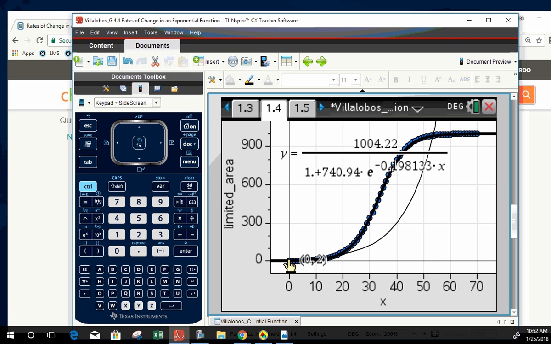That should be 0, 2. So what does 0, 2 mean, the y-intercept? Well, if again this is 0, e to the 0 is 1, times this is 740, 741. 1,000 divided by 741.